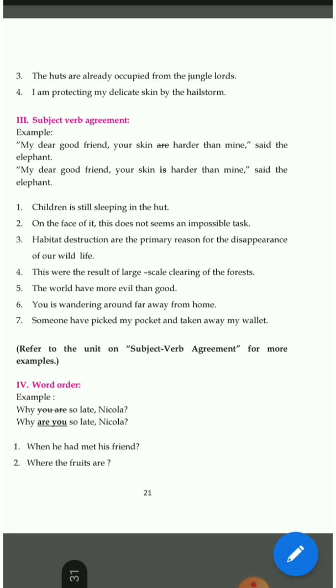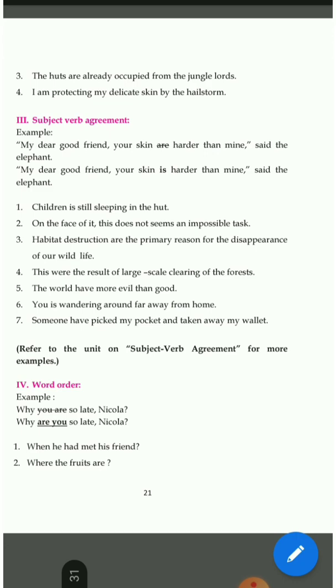This were the result of large scale clearing of the forests. We don't say were. Result takes again singular. So this was the result. You cannot write is here. Why? Because in the given sentence, were is the past tense. Remember, you do not have any right to change the tense of the sentence.